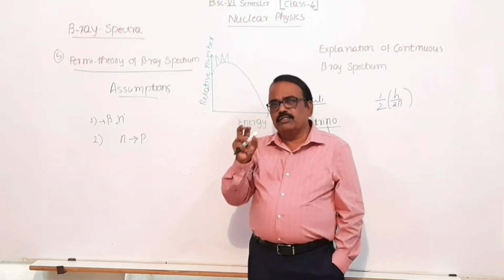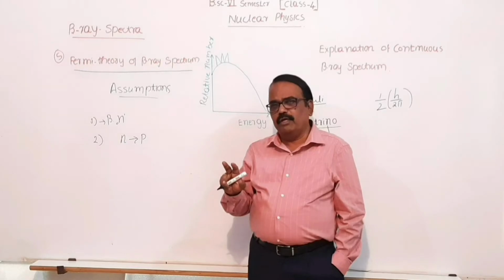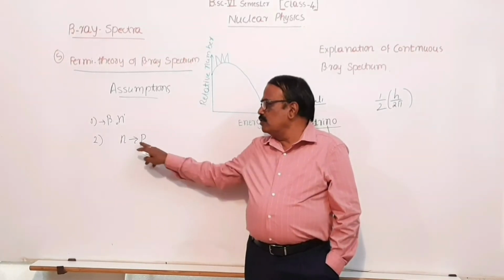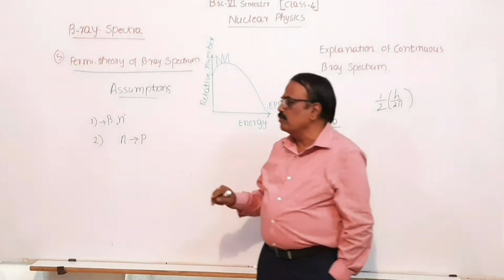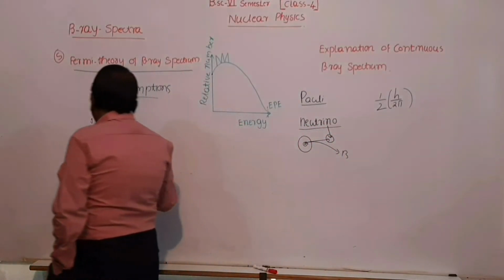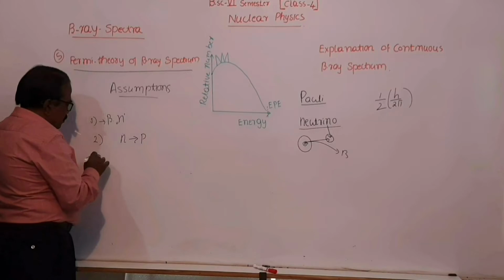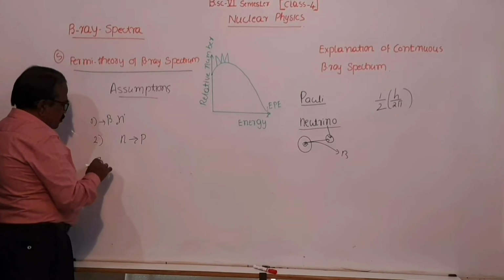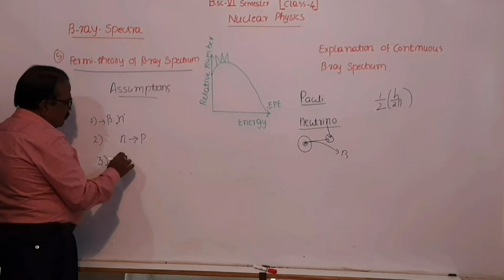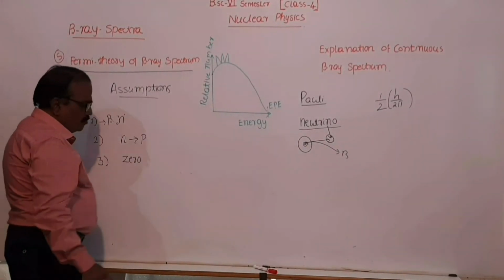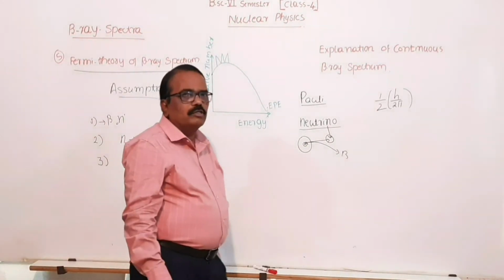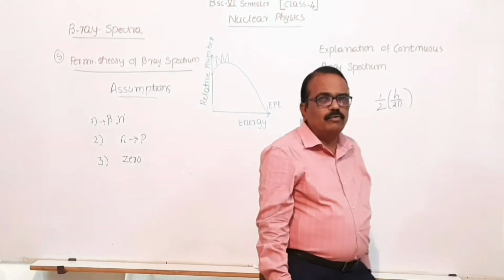These particles are just created at the time of decay. And his third assumption is, neutrino doesn't have any mass. Its rest mass is 0.